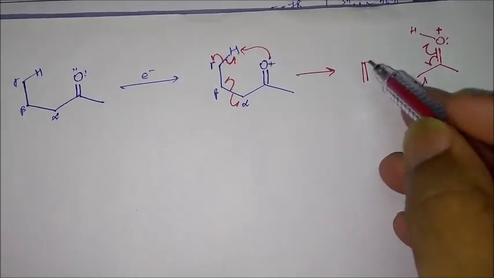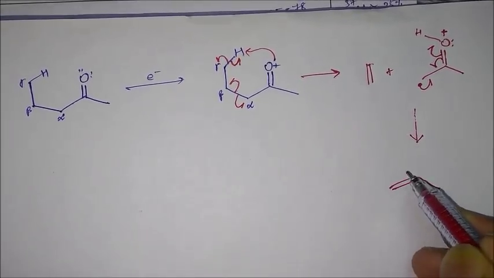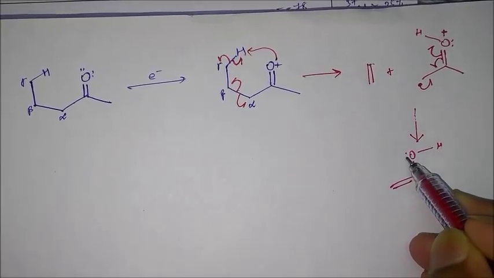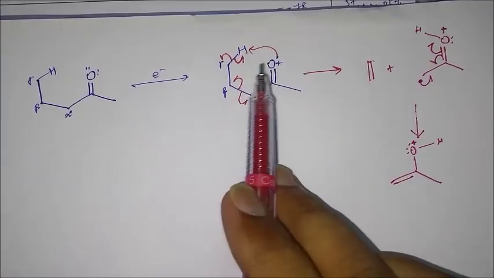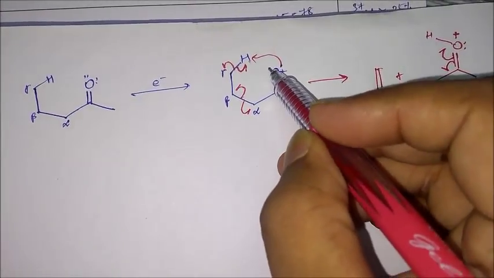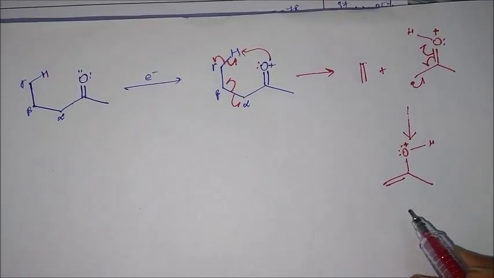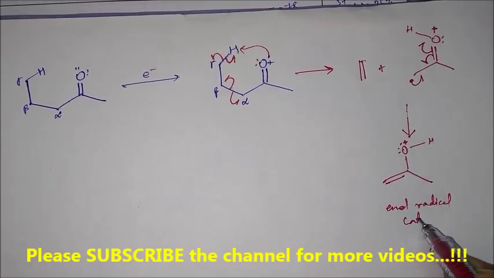So this alkene will be like that only, and we will get the radical cation on oxygen, which was already here. So that is what we got. This is called the enol radical cation.